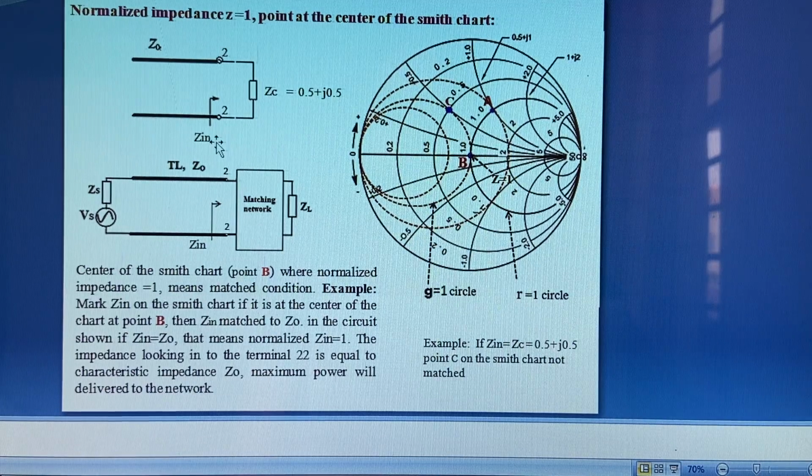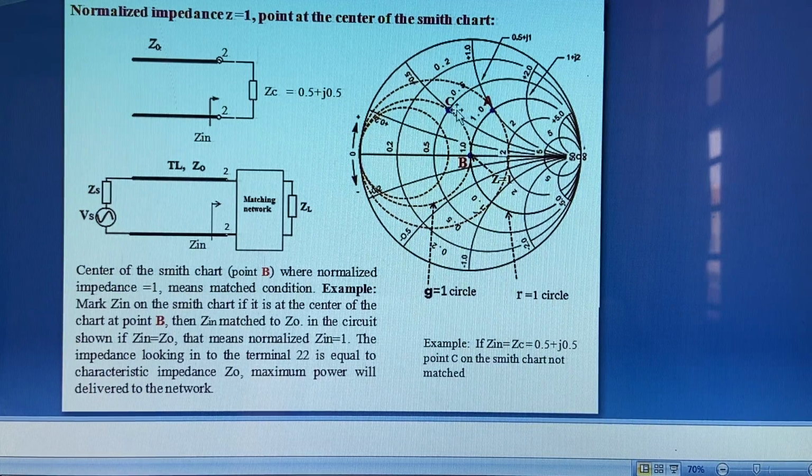If you mark this Zin looking into the terminal 2 2, the marking is here at point C. That means this Zin equal to 0.5 plus j 0.5 is the intersection of the R equal to 0.5 circle and the X equal to 0.5 circle. That is this point. So Zin is this point.